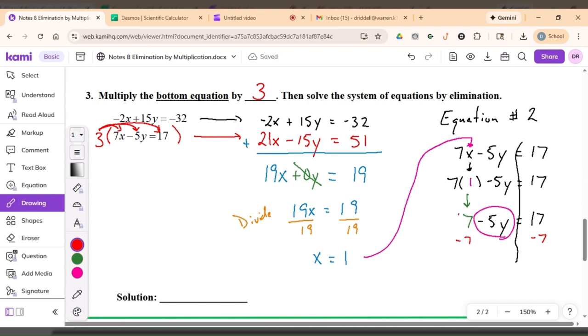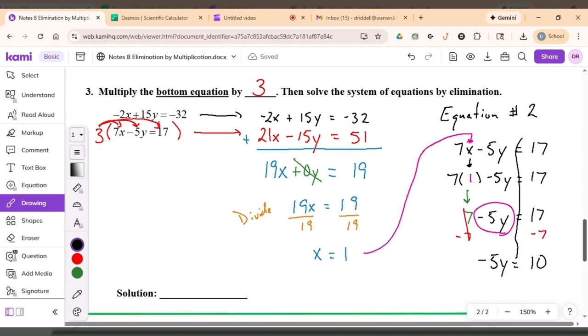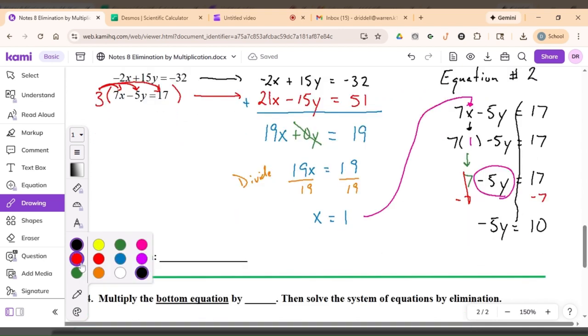Negative 7 is the opposite. So if those 7s go away, you have everything inside the bubble. You still have a negative 5y. The right side, 17 minus 7, that is 10. So we have negative 5y equals 10. And just like earlier, when it's time to divide, which is what we're going to do right now, we have a number in front of y. It is a negative number, so we will divide by a negative number. We're going to divide by negative 5 here, okay?